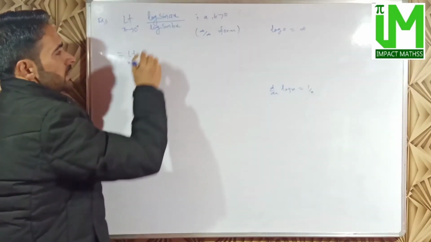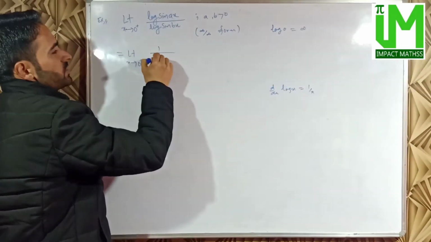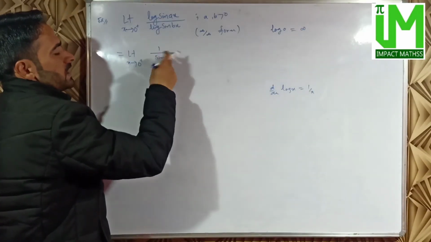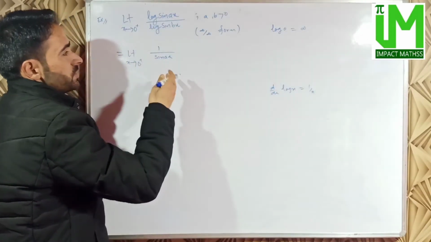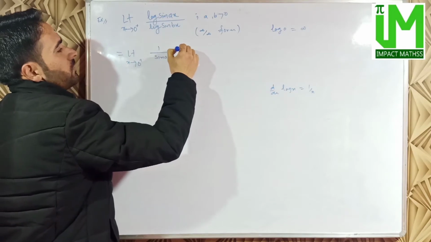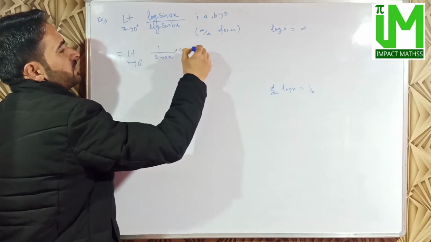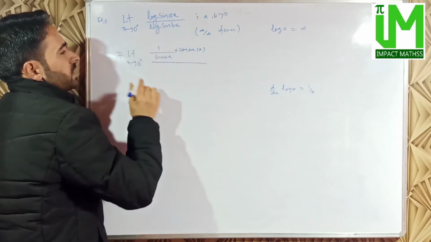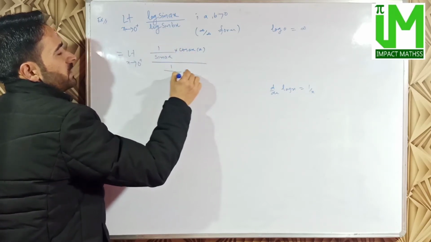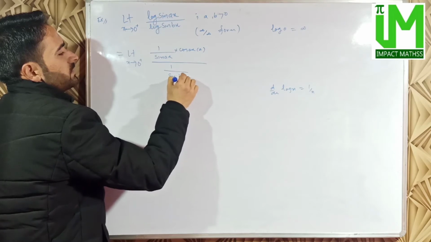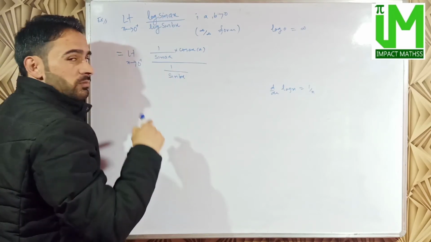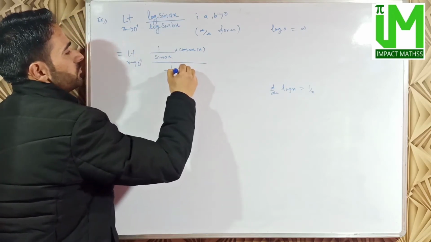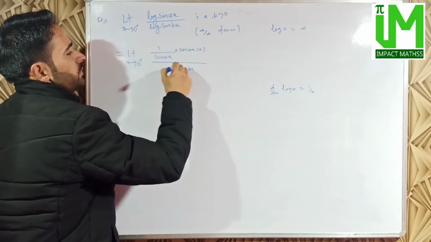so the differentiation of log of sine ax will be 1 divided by sine of ax, then the differentiation of sine ax by function of function, cos of ax into the internal derivative, which is a, divided by the derivative of log of sine bx, which will be 1 divided by sine bx times cos of bx into b.